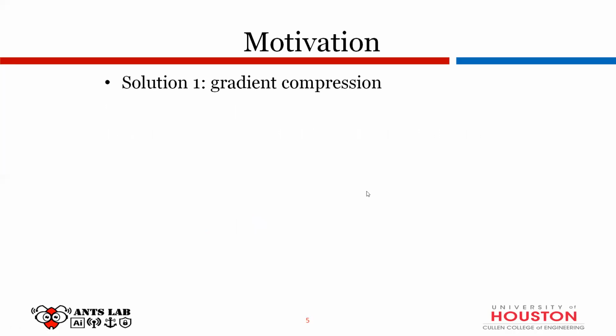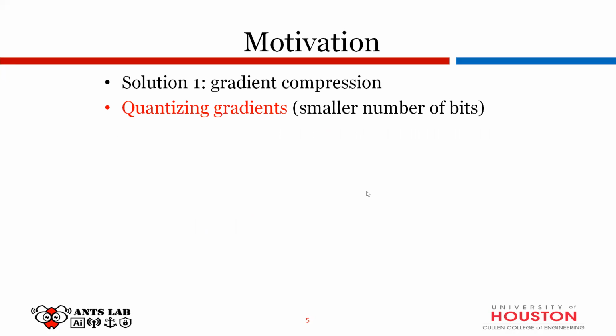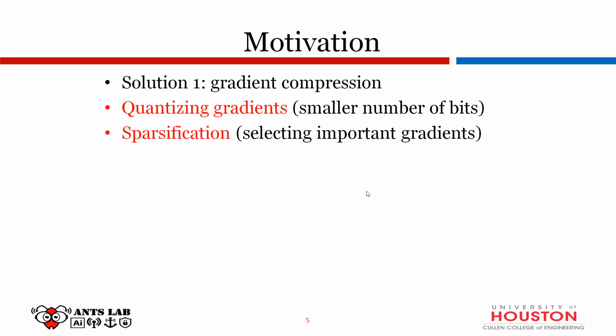What we've been doing before is we had come up with some solutions. The first one is gradient compression. There are two ways to see this. First is quantizing the gradients, where you represent those gradients with a smaller number of bits to reduce their size.